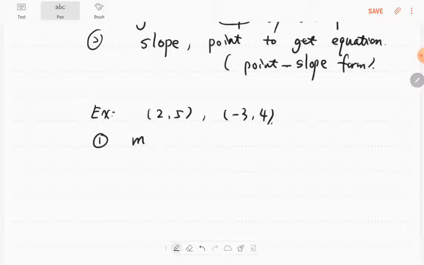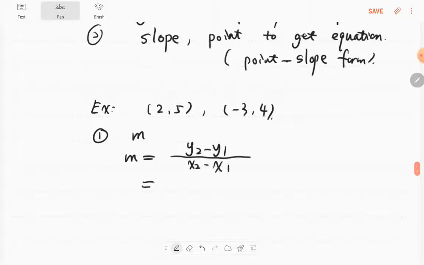We have 2 points. Of course, we can use change in y divided by change in x. So here, this is x1, y1, then this will be x2, y2.